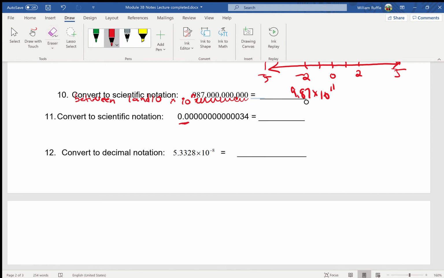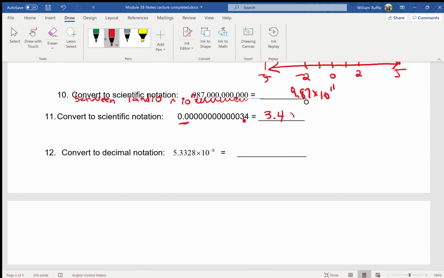Okay. Now, big numbers like this, it's a big positive number, so it will always have a positive exponent. This 0.000 is a very, very tiny number, so I'm going to have a negative exponent on it. It's going to be 10 raised to some negative number. But again, to get the number between 1 and 10, I have to move the decimal between the 3 and the 4, because 3.4 is between 1 and 10.